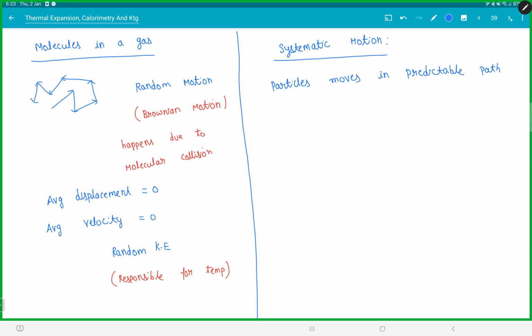In systematic motion, you can predict the path. In random motion, you can't tell what is going to happen next. Systematic kinetic energy. Clear with this? So then in real life, sometimes you'll see a combination of both.